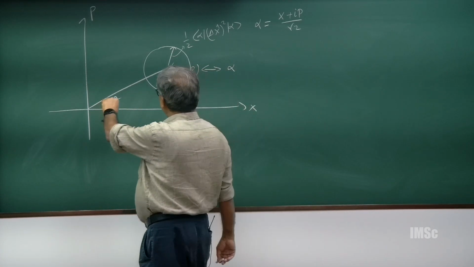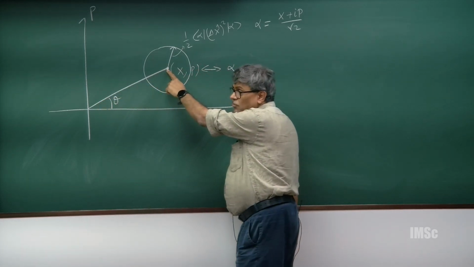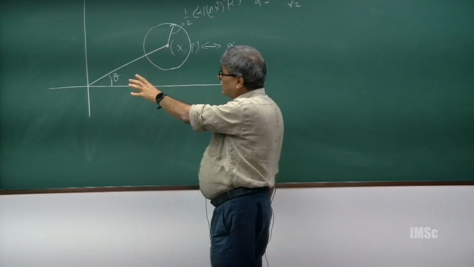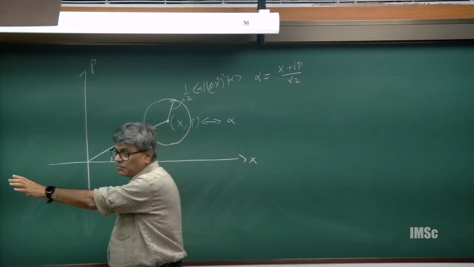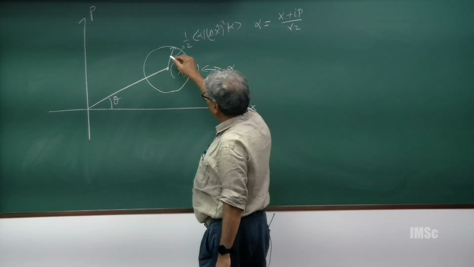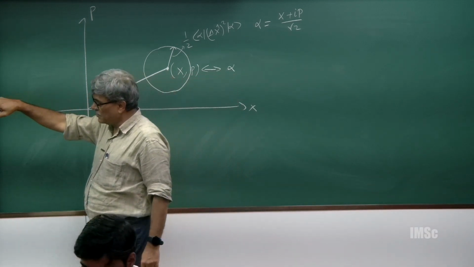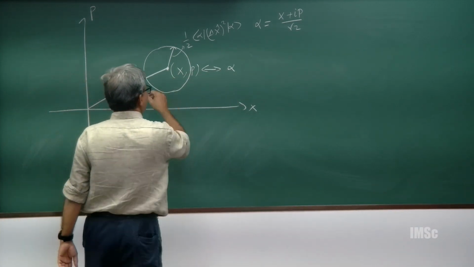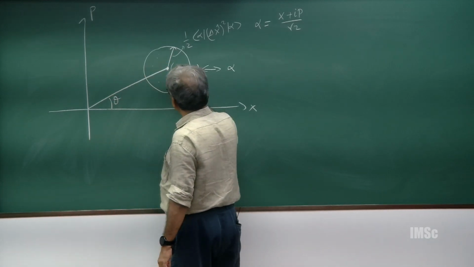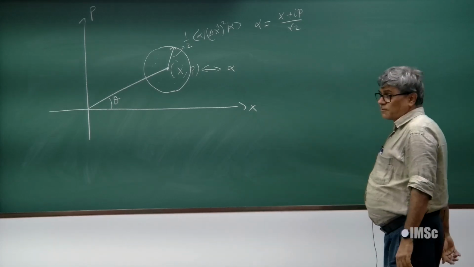So, you see that classically you have this fixed value, one value, whereas quantum mechanically because of this dispersion with respect to this coherent state, if you measure with respect to this coherent state, what you will get is any value here within this. Okay. So, what does it correspond to?